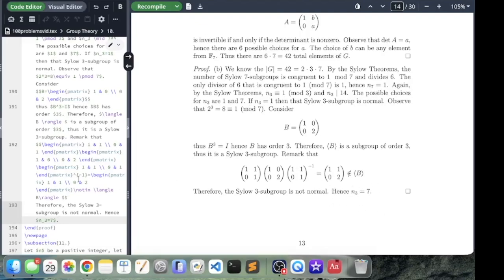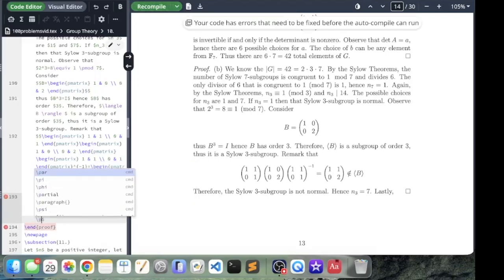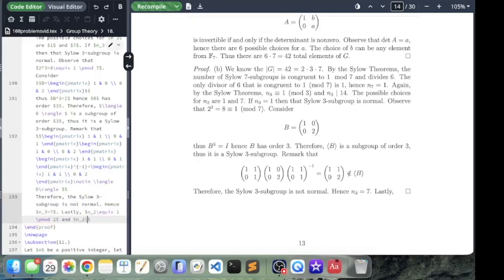Okay, and lastly, we want to talk about the Sylow 2 subgroups, and I'm going to make a similar argument to what I do here, where I rule stuff out. So lastly, the number of Sylow 2 subgroups is congruent to 1 mod 2, and they divide, let's see, what do they divide?